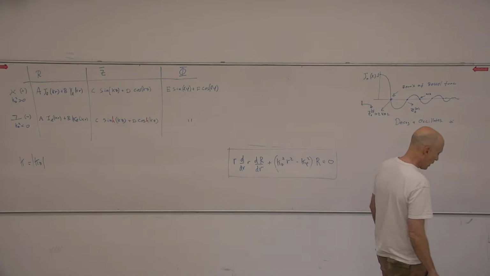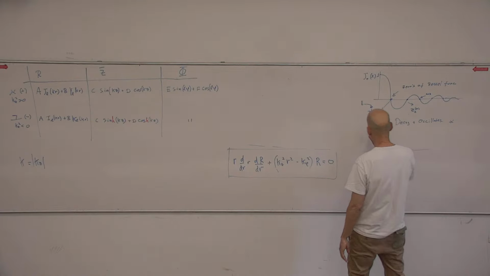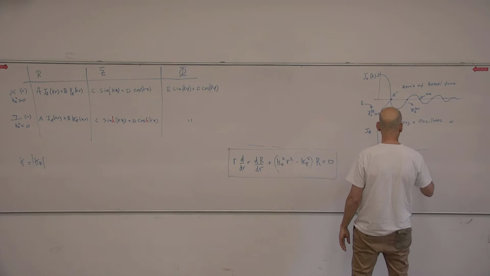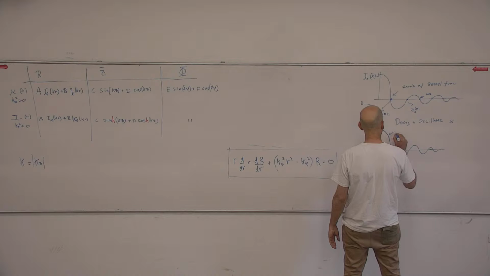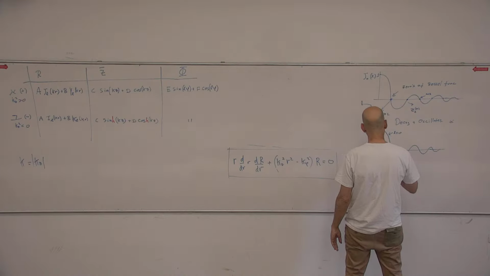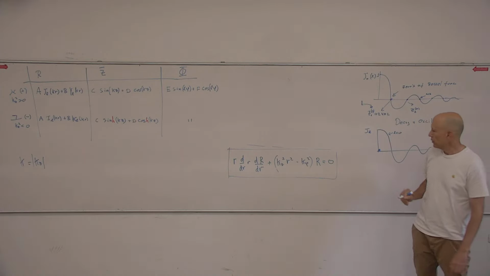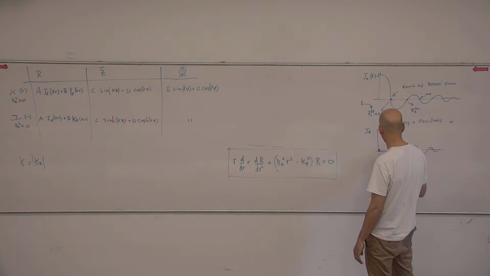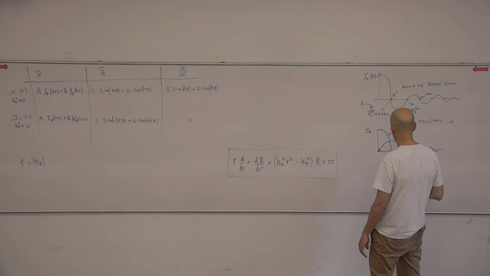Now, how do the other functions JL behave? More complicated. So this is the function for L equals 0. The other functions, one property of them is that they all start at 0. So JL might look something like that.